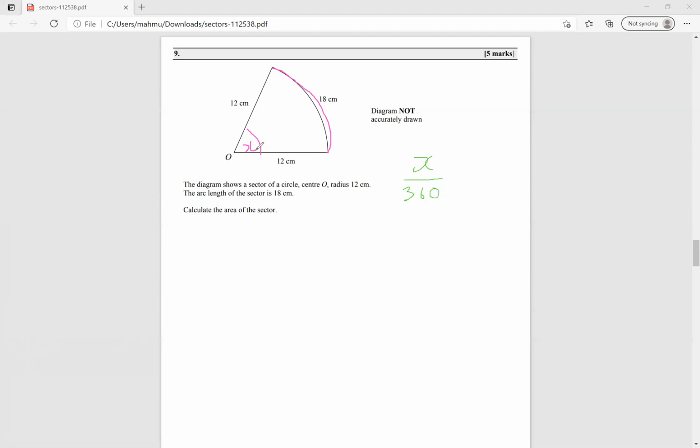Diameter? What was the formula? What did we use as a formula to find only the arc, this perimeter? Times pi times radius squared. Not radius squared, that's the area.